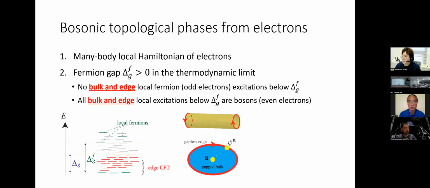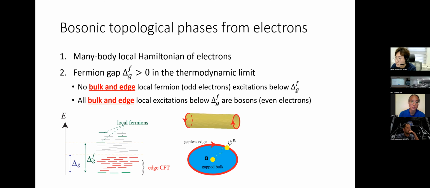And the second requirement for it to be called a bosonic topological phase is that, in addition to the energy gap that we introduced in the previous page, we have a fermion gap. So this delta GF is not the energy gap that I introduced previously. It's a second energy scale.